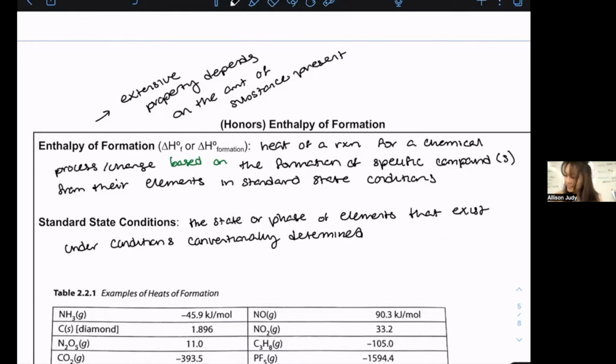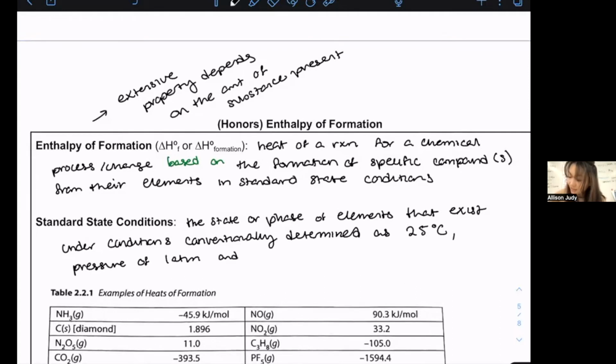as 25 degrees Celsius, pressure of 1 atmosphere. And if you're dealing with liquids, solutions of 1 molarity, of 1 mole per liter concentration.